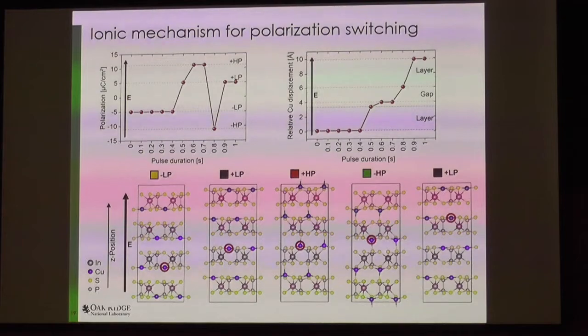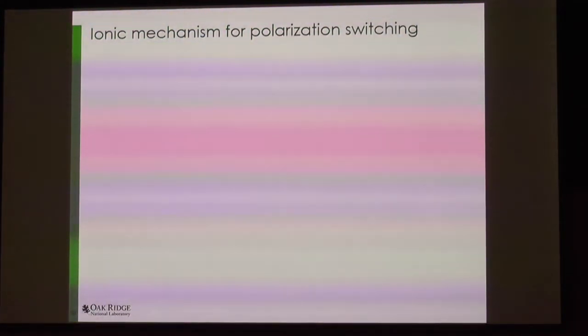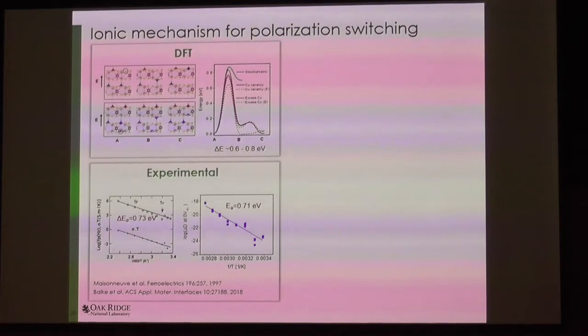This is only possible if we can drag copper across the van der Waals gap. And we actually know that we can. We know from density functional theory and experimentally that the activation energies are not that high. We can see currents.